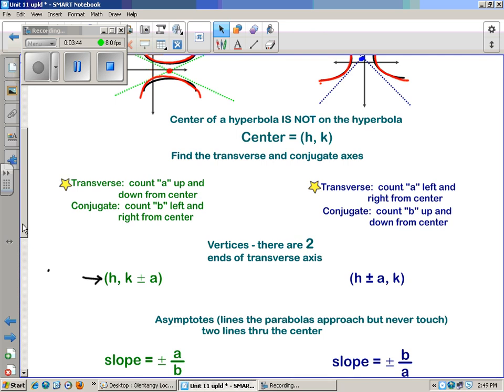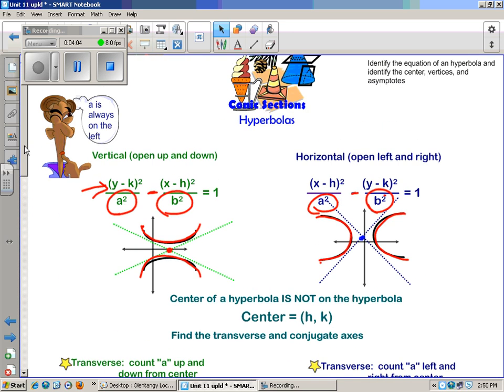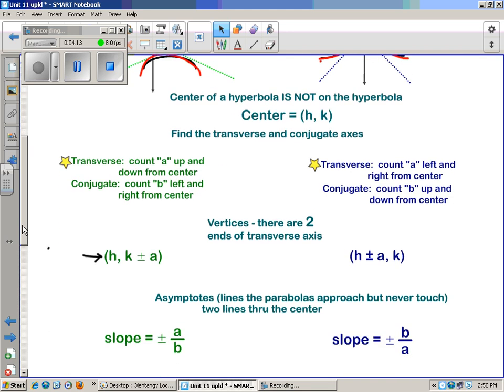If it's a vertical hyperbola, which means it opens up and down, then the first coordinate, h, is going to be the same as the center, and k, the second coordinate, is going to be plus and minus the distance that a represents, so the square root of this a term here. Okay? And in a horizontal hyperbola, the k is going to stay the way it is from the center, and the h is going to be plus and minus a. Okay?